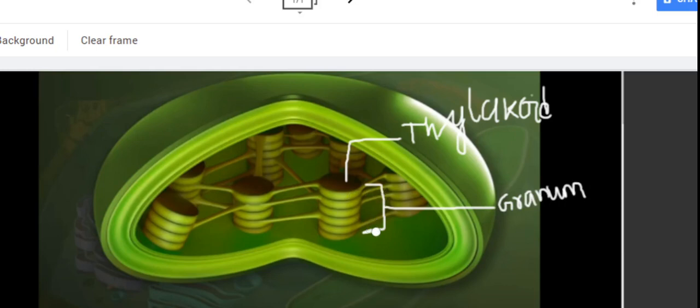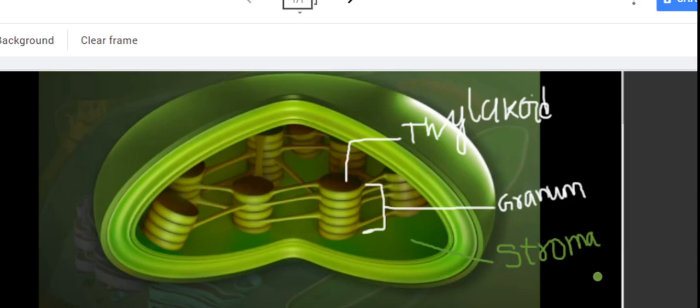Each stalk is called a granum, and the plural of granum is grana. That means a number of grana are present inside the chloroplast, and the fluid content inside the double membrane, the inner fluid content, is called the stroma. Stroma is known as the matrix of chloroplast.